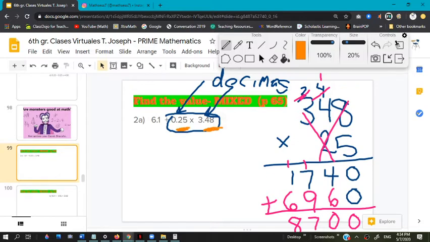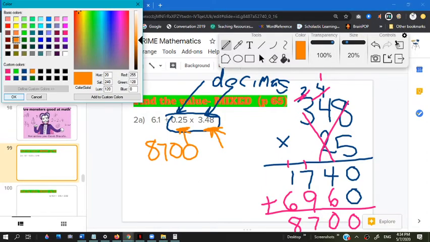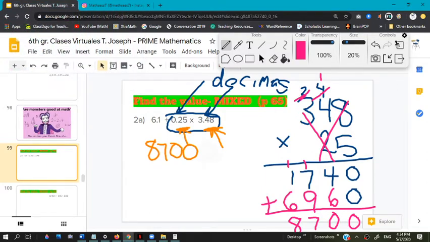So we actually have to take our problem right here, 8,700, and we need to move the decimal point over a couple of spots. 4 spots to be exact. 2 here and 2 here. Let's do that. I'll show you that in purple. Here's my decimal point right there. We're going to move it over 1, 2, 3, 4 spots.